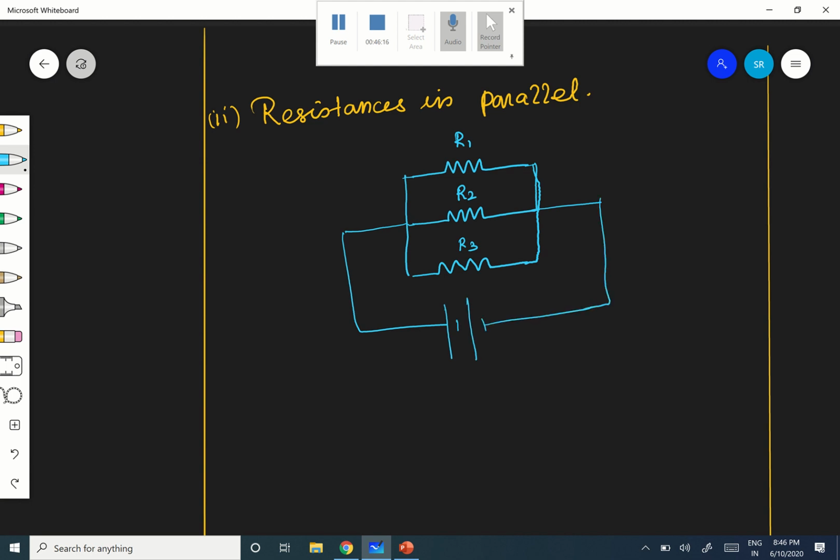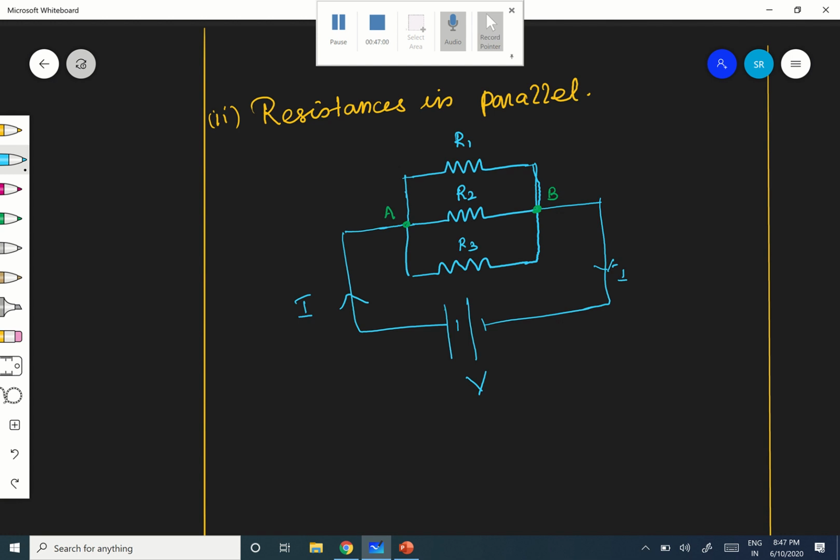It is V. The current here is I. Here the points are: this point is A, and this is B. So the circuit is connected across AB.